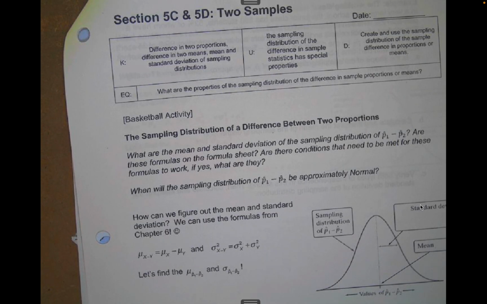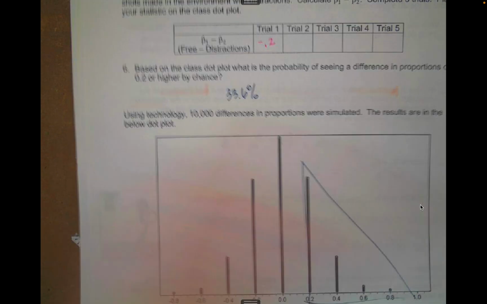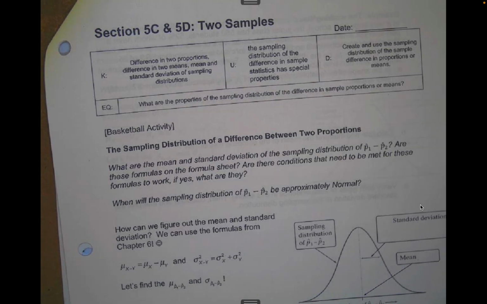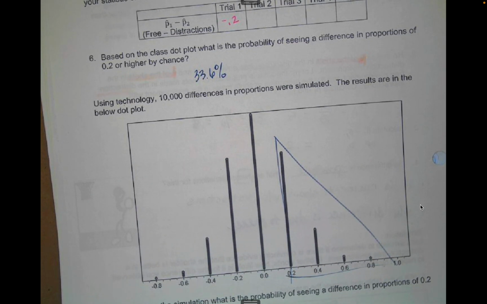Alright, so I tried to give you an idea with that activity of what that sampling distribution of p hat 1 minus p hat 2 would look like. You think about all possible combinations of p hat 1 minus p hat 2. The mean and standard deviation: in this case the mean was 0 because I was assuming the two proportions were equal, so the difference was just 0.